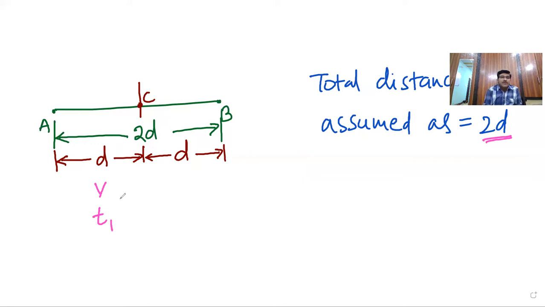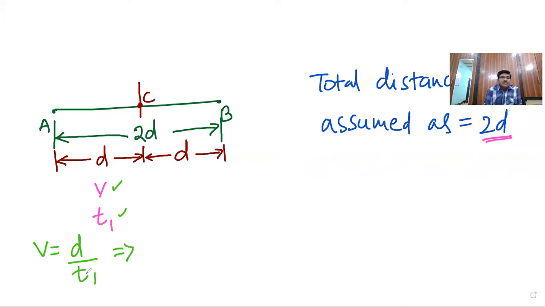Now observe the first half. I am applying the speed formula. What is the speed in the first half? v, the speed, is equal to the distance d divided by the time t1.